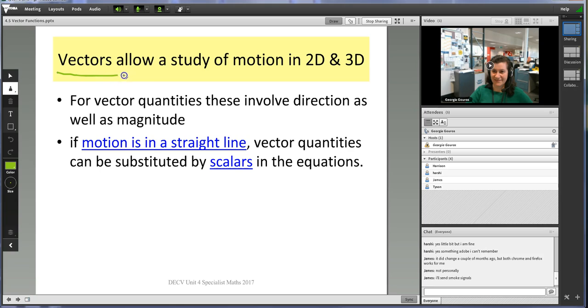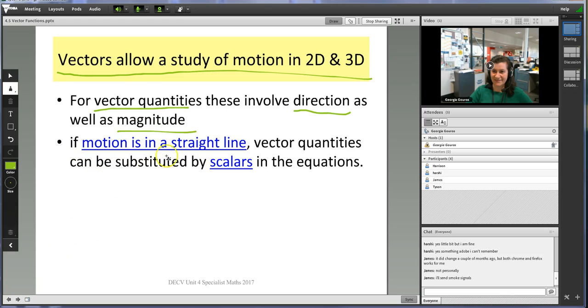So vectors are really super handy because they let us continue our study of motion both in 2D and 3D. So we've already looked at the 2D motions travelling in a straight line. We can apply vectors to this as well, but the beauty of vectors, we can apply it to the 3D motion. Because if you recall from Unit 3, vector quantities have not only a scalar quantity, they've got direction and magnitude.